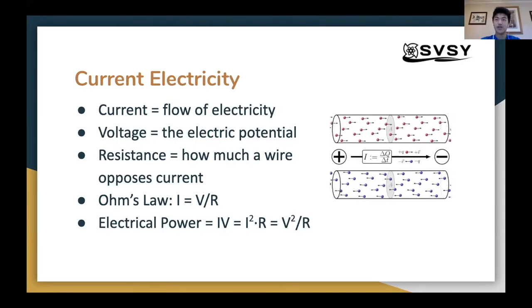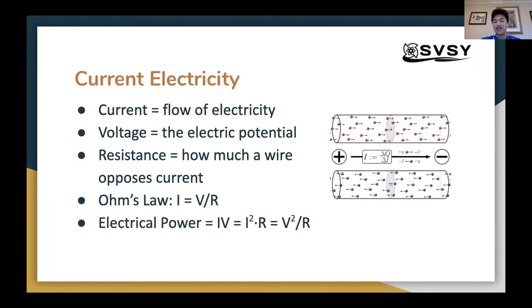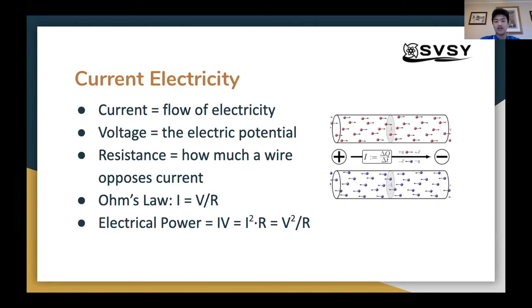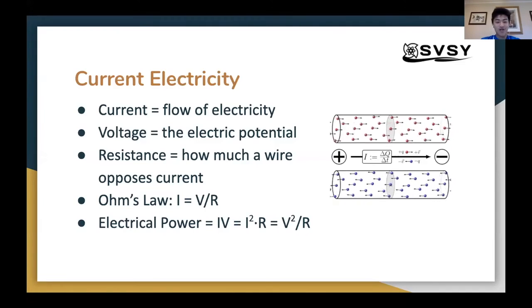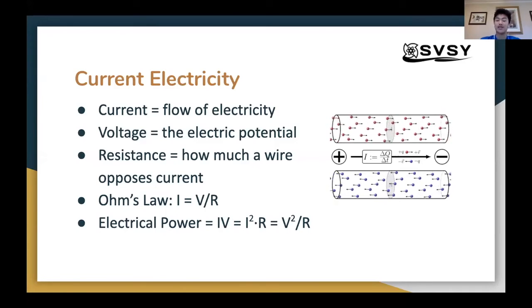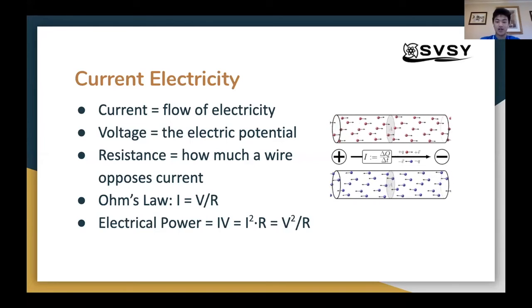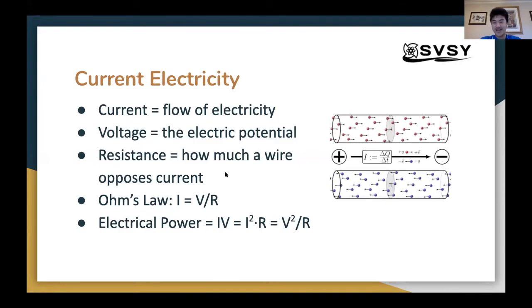It is similar to potential energy, kind of like electric potential energy. And then there is resistance, which is how difficult it is for electricity to pass through the wire, or anything in the circuit. So it's how much the wire opposes current. Yes, it is the resistance to the flow of electricity.